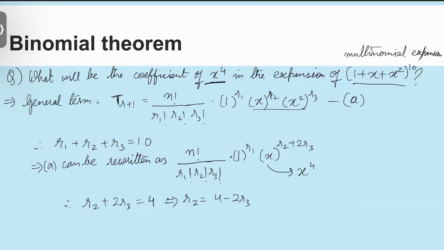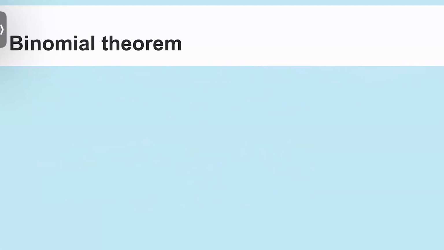Now we will try to find different combinations of r1, r2, and r3. So let's just write what we take for r1, what we take for r2, and what we take for r3.